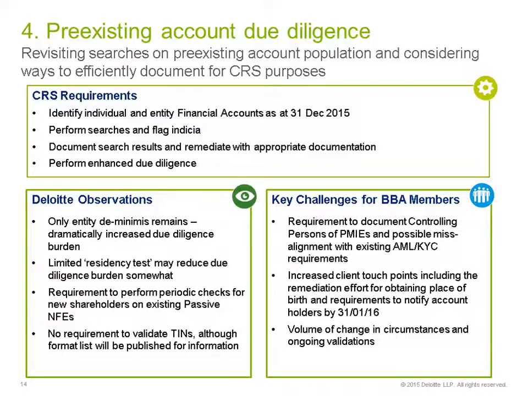And that is going to significantly increase the amount of information that has to be collected by financial institutions and the work taken, particularly if they relied on that for their FATCA remediation. However, if you can utilise the residency test, we would recommend that you do that to alleviate the burden of completing the indicia search for individuals.